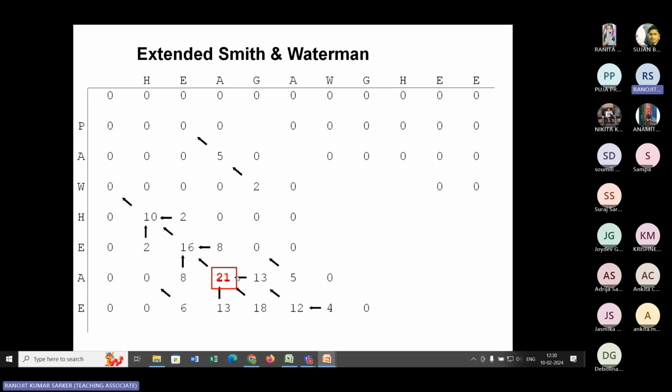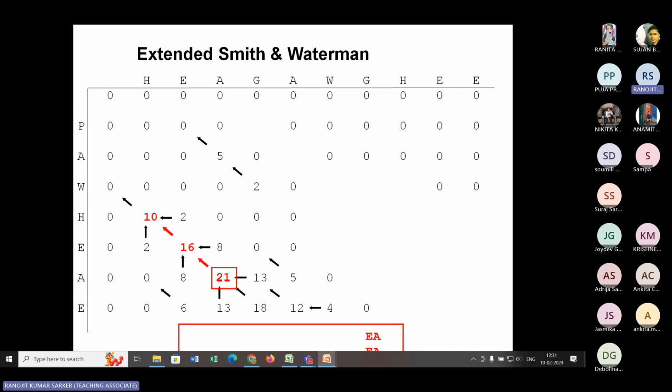So now the highest value is 21. As per the rule, we have come from the last diagonal path, so we will align A by A, right? We will align A by A. Then next we are in the cell which is having the value 16. Again we have come from another diagonal path, so we will align E by E. Clear?